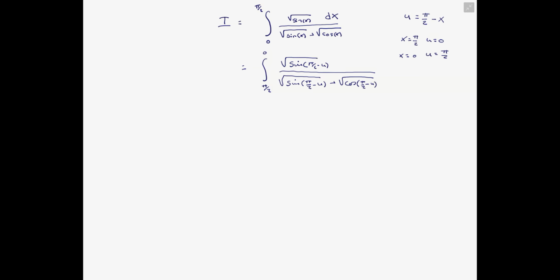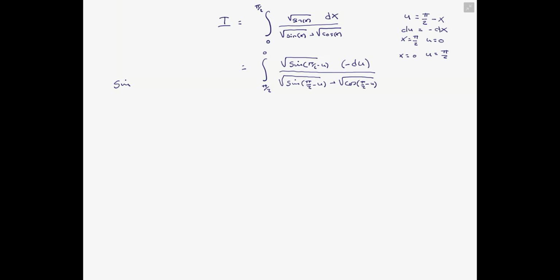So we have pi on 2 to 0, and we have the square root of sine of pi on 2 minus u over the square root of sine of pi on 2 minus u plus the square root of cosine of pi on 2 minus u.